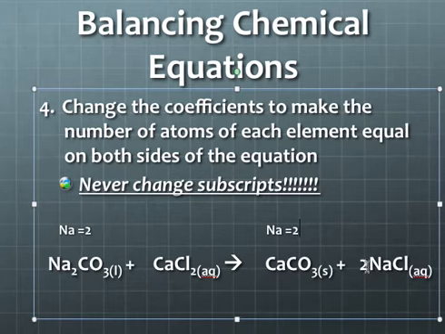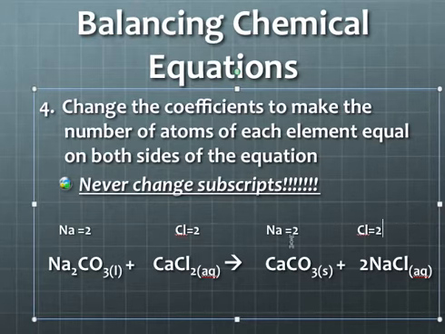And now because I've put that 2 coefficient in front of my sodium chloride as product, now my chlorine, because I have 2 chlorines over here as a reactant, and now I have 2 chlorines as a product. So now I'm balanced. And we would say that this has a 1, a 1, a 1, and a 2.